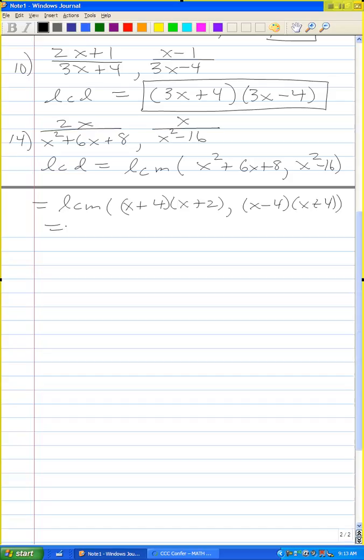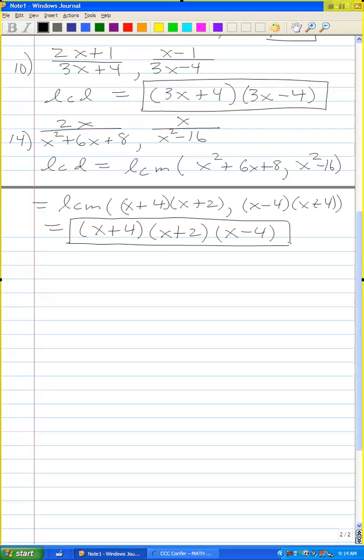And so to find the least common multiple, the highest power of x plus 4 is x plus 4 to the first. Of x plus 2, the highest power is x plus 2 to the first. And of x minus 4, it's x minus 4 to the first. And so the product is equal to the least common multiple.